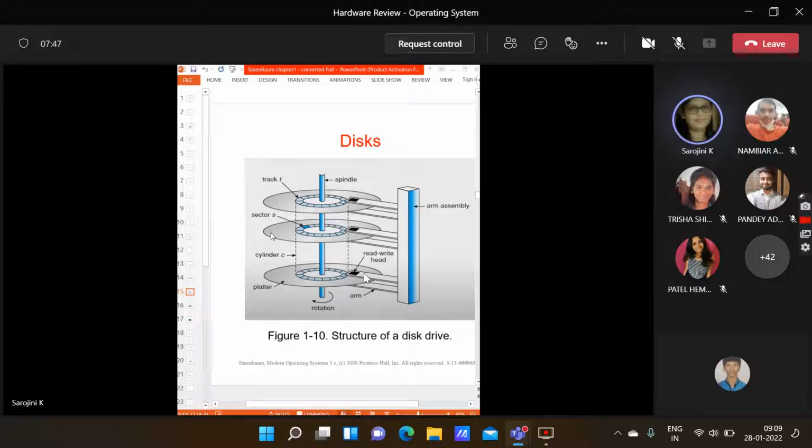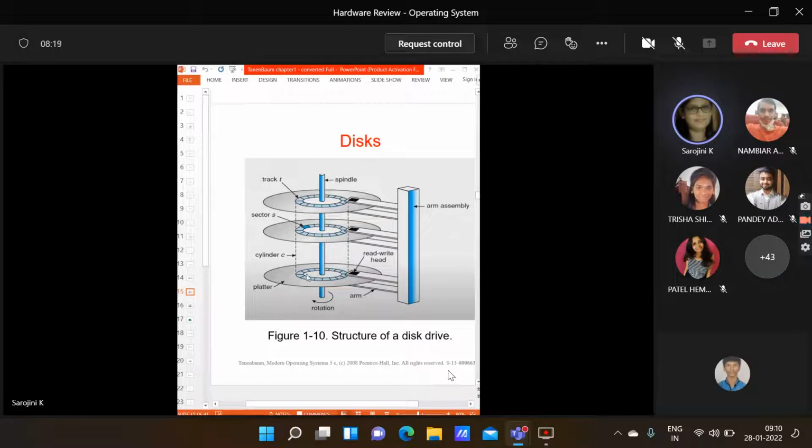Generally, we call that RPM. 5,400 RPM means 5,400 rotations per minute. Some HDDs will have 7,200 rotations per minute. Some may have 10,800 rotations per minute. So that differs.